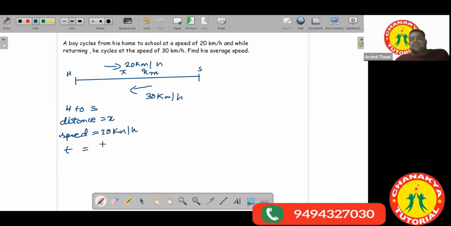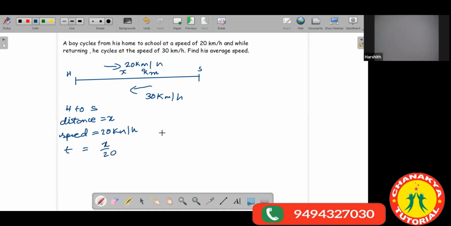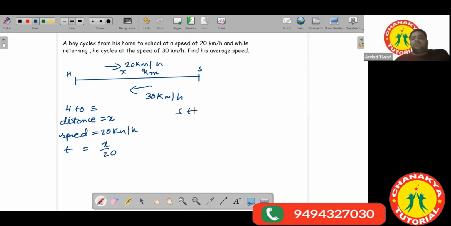The time is x over 20. Similarly, from school to home, his distance traveled is x. Speed is 30. So you get time as x by 30.